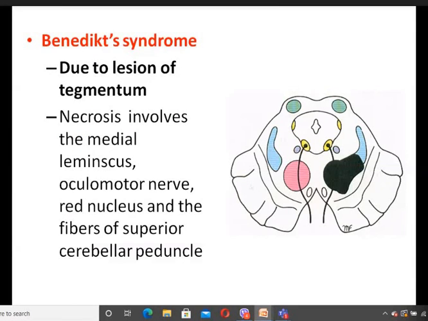The next syndrome is Benedikt syndrome, due to a lesion of the tegmentum region. So this is the tegmentum region.